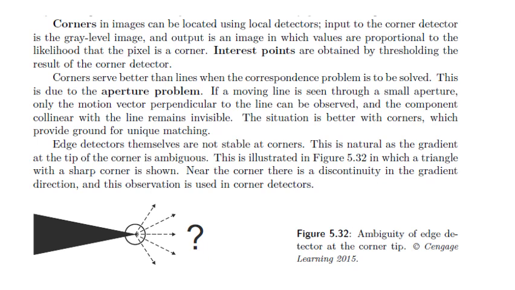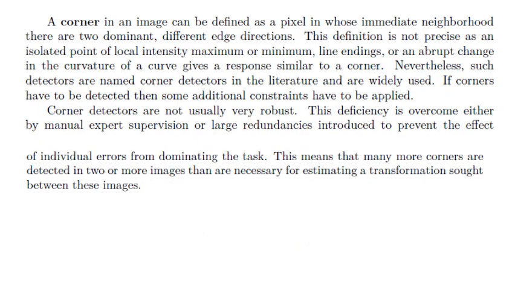At such times, corner information provides a better ground for unique matching. Edge detectors are also not as stable at corners, so that's why we go for corner detection, to solve the correspondence problem.